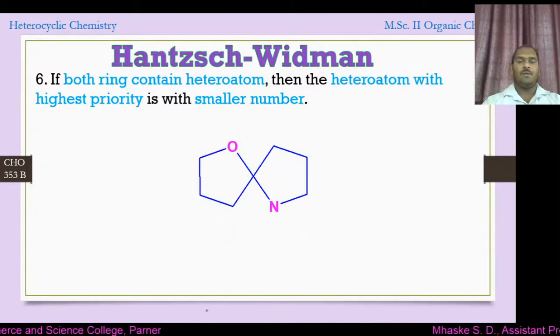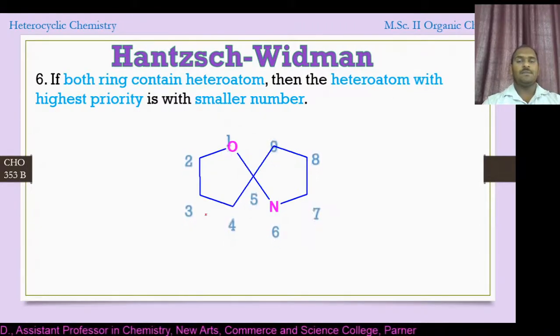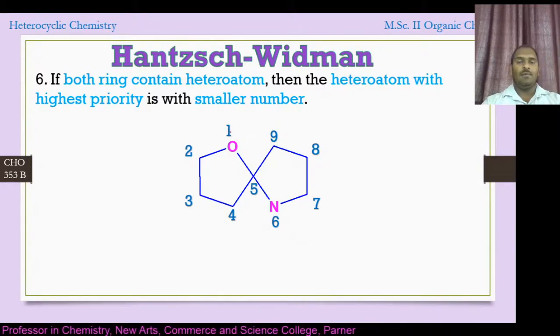It is a 5-5 system, right? In between them there is one common atom. So we are considering the parent as nonane, with oxygen and nitrogen. Oxygen has a higher priority than nitrogen, so numbering should start from the oxygen. So let's give the numbers: first, second, third, fourth, fifth, and sixth to the nitrogen, which is the lowest possible for the nitrogen, then 7, 8 and 9.